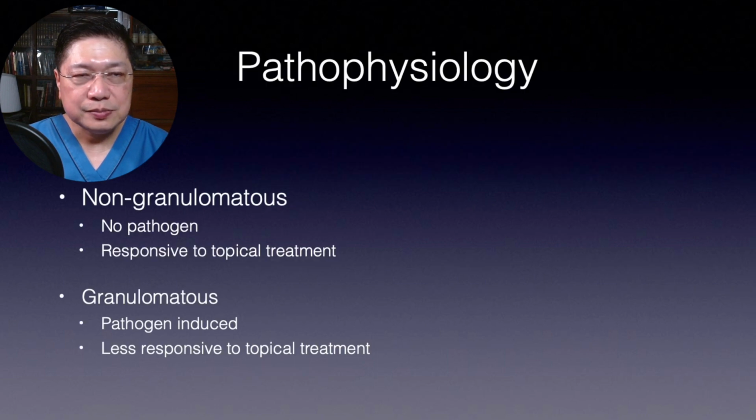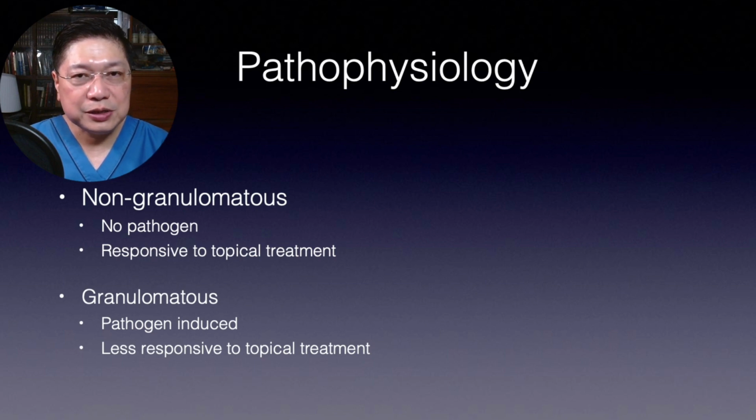Now, in non-granulomatous uveitis patients, there is no pathogen that we can find, and the patient is responsive to topical treatment. That means when you're looking at it, you don't see any nodules, any granulomas, and that tells you it should be easier to treat. Granulomatous uveitis usually means that there's a pathogen involved.